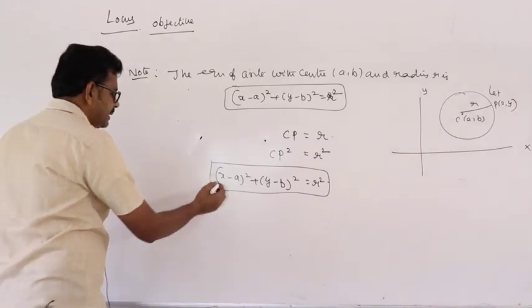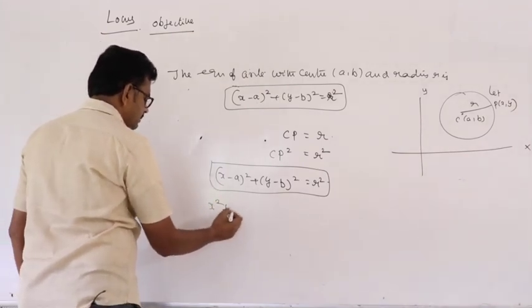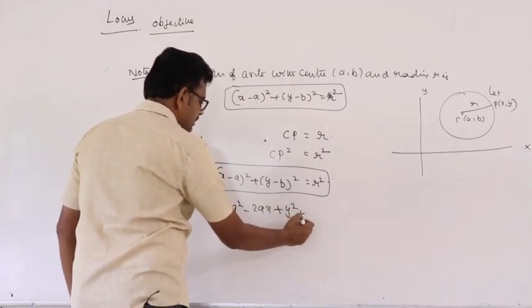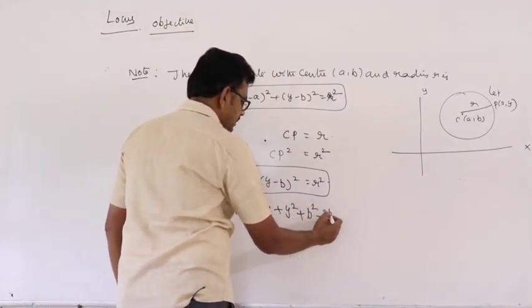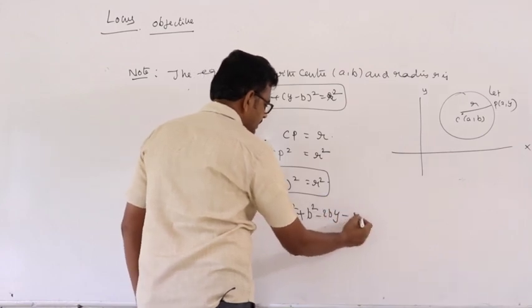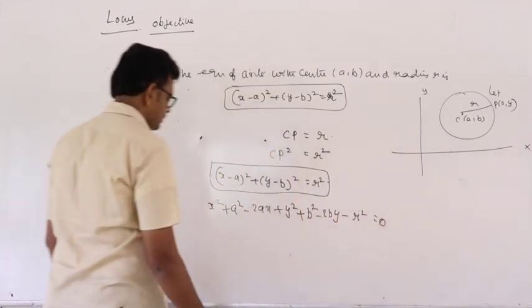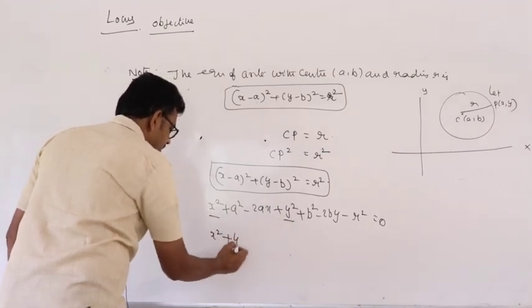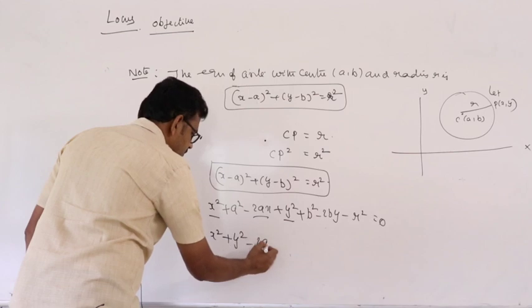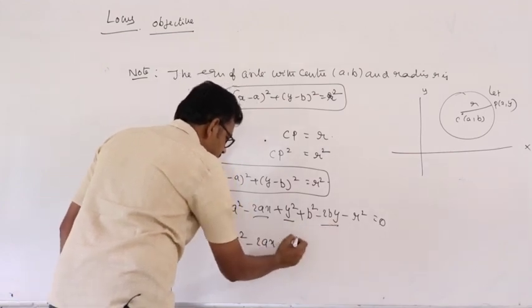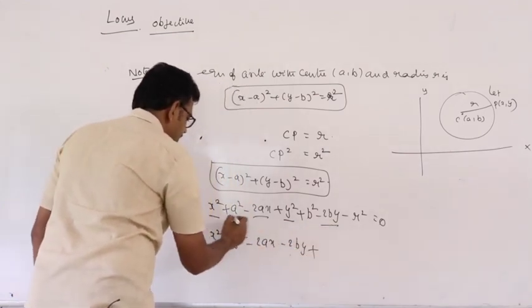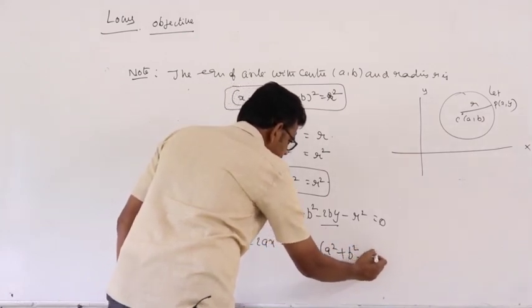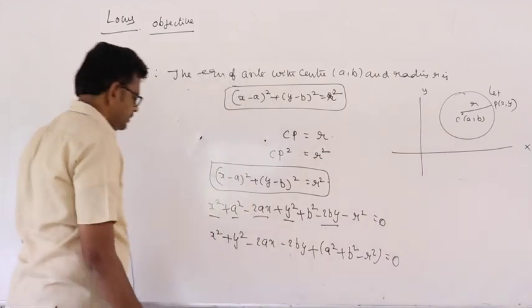By expanding this, x² + a² − 2ax + y² + b² − 2by, and r² to this side, minus r² = 0. So this is x² + y² − 2ax − 2by + a² + b² − r² = 0.